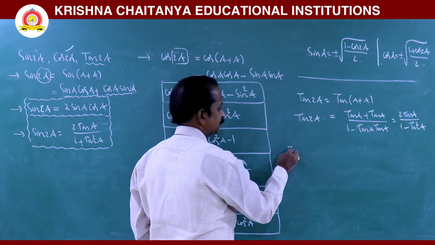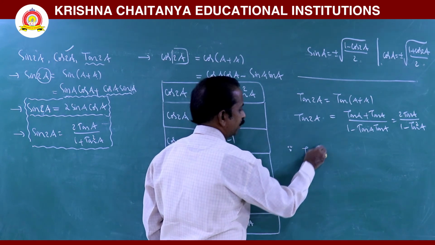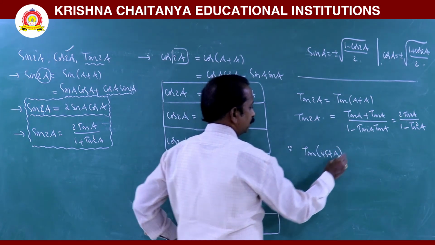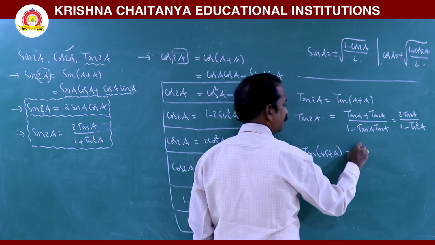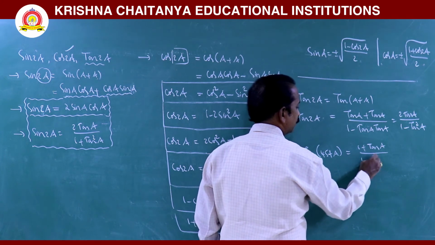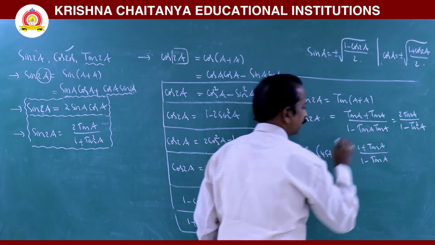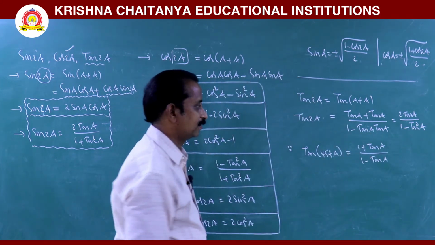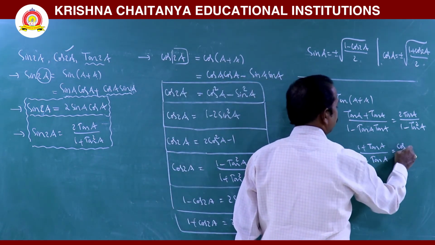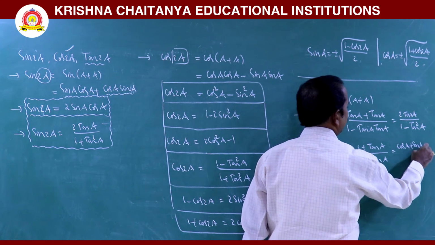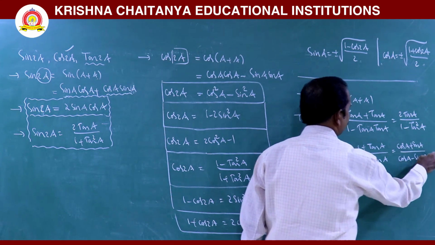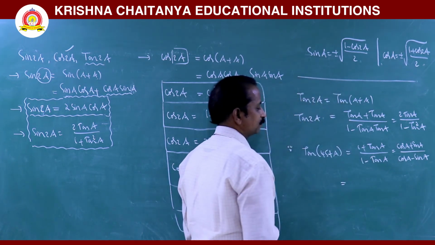Just we discussed tan of 45 plus A. Tan of 45 plus A, we can write in terms of tan: 1 plus tan A divided by 1 minus tan A, that is one way. We can write in another way in terms of cos and sin: cos A plus sin A divided by cos A minus sin A. We can write in another way also.